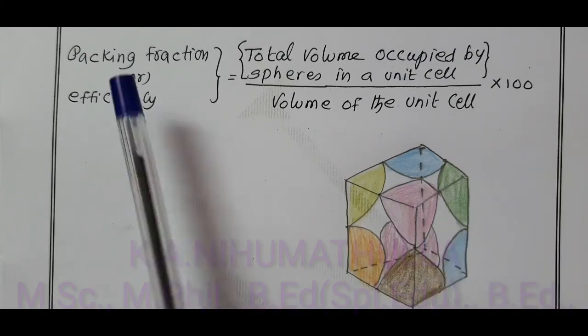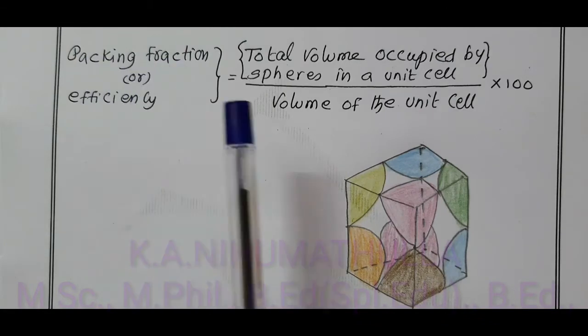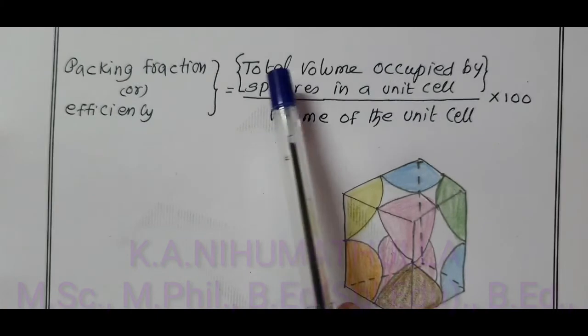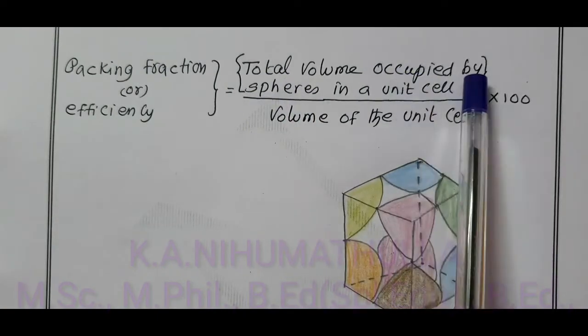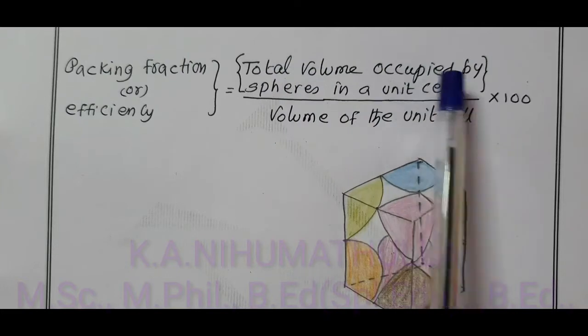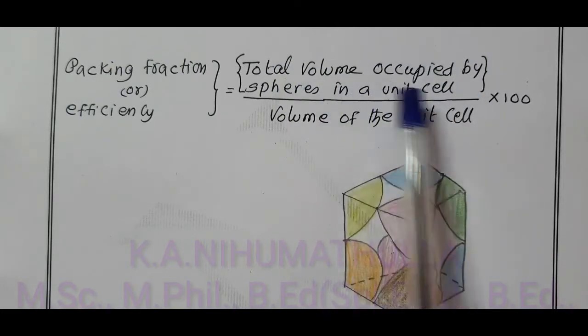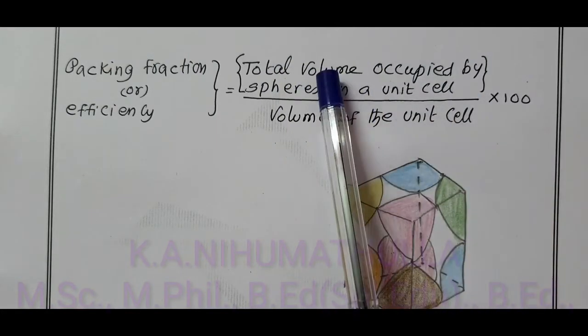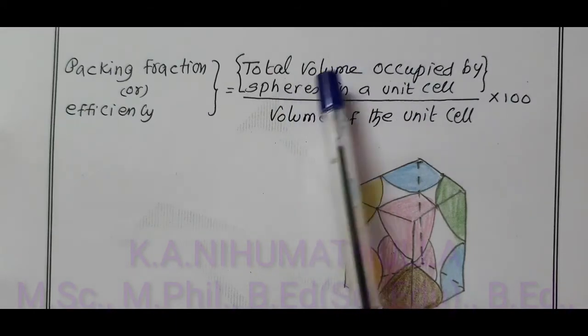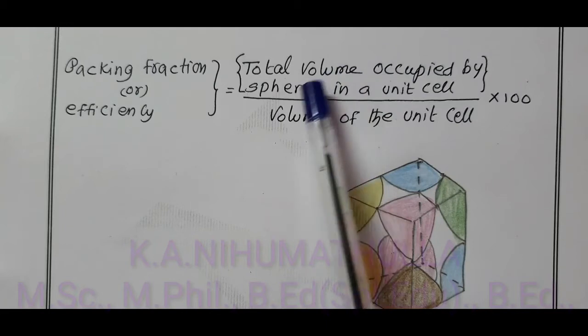Now we are going to calculate the packing fraction or efficiency. The general formula is total volume occupied by spheres in a unit cell. Volume occupied by a sphere, we know the volume formula, 4 by 3 pi r cube.